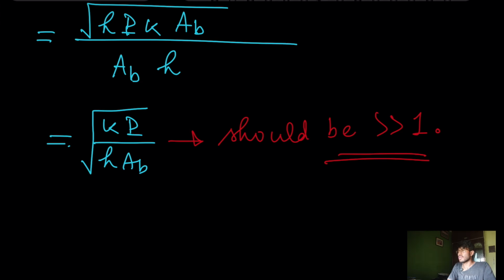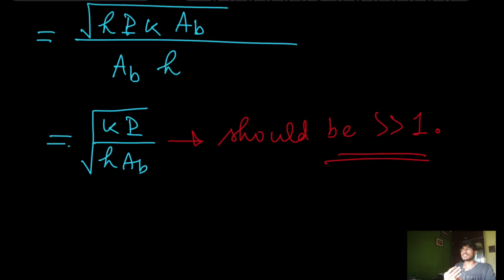Similarly, if I give you two fins having the same cross-sectional area, but this h and w are varying, then how can you find which fin is more efficient? Fin efficiency is dependent on 1 by mL, and L is the same for both fins, but with the perimeter by area ratio.